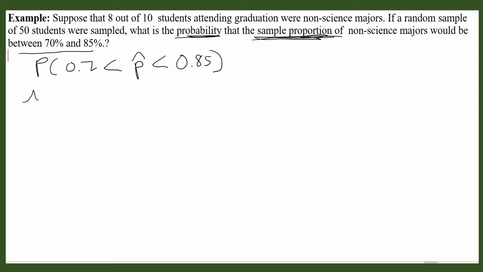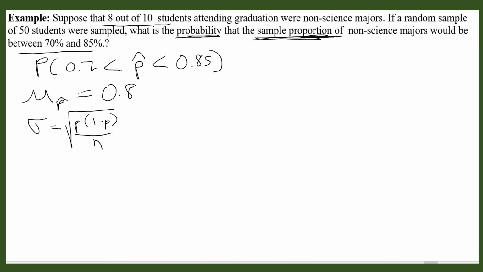I need to know what the population proportion is, right? The population proportion, 8 out of 10. 8 out of 10 students attend graduation. So 0.8. Sigma is the square root of p times 1 minus p divided by n.